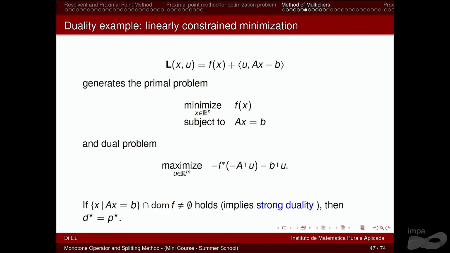It means D star, which is the optimal value of the dual problem, equals the optimal value of the primal problem. Actually, this kind of regularity condition, which can make strong duality hold, is what we call the constraint qualification. We will give an example of this kind of constraint qualification in later slides.